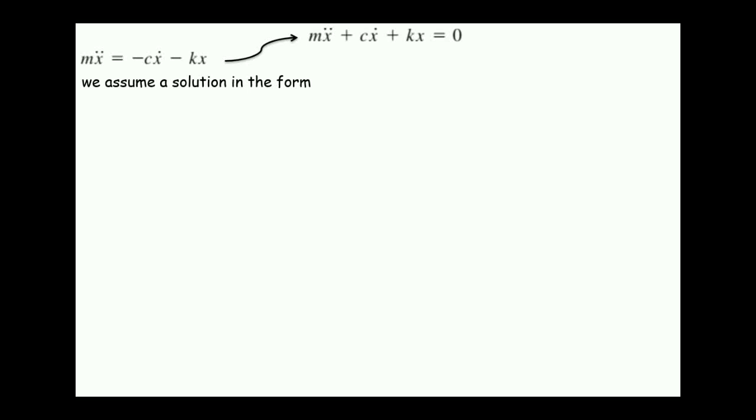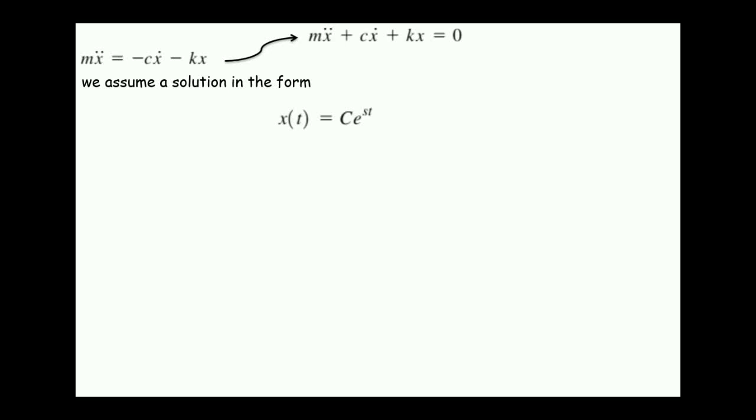In order to solve this equation, which is a second degree differential equation, let us assume the solution as x of t is equal to c into e raised to s t.